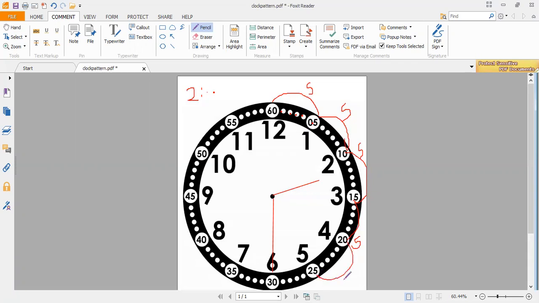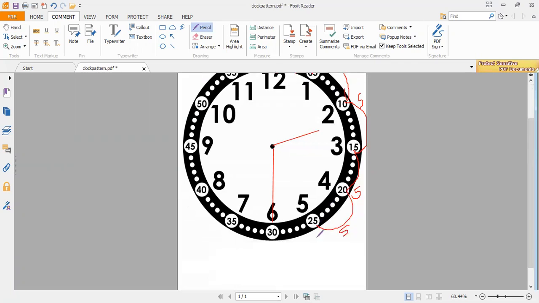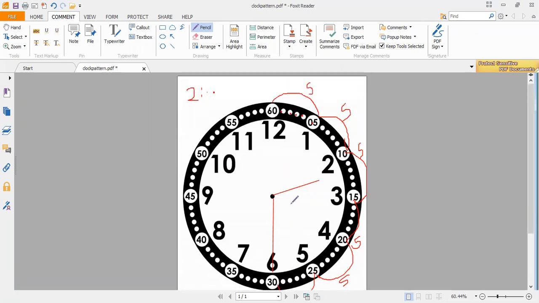So I want to read where the minute hand points to. 5, 10, 15, 20, 25, 30, which means our hour hand here means 2, and the minute hand points to 30. 2 and 30.